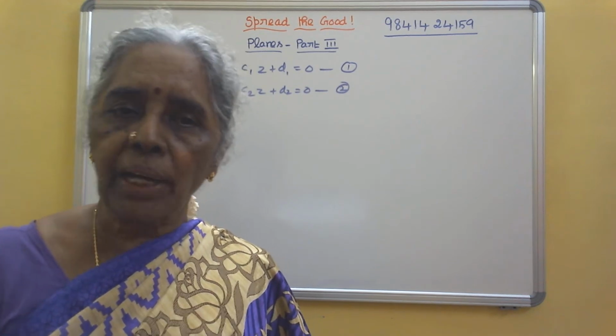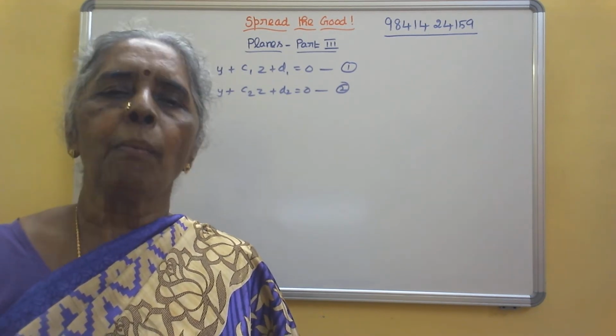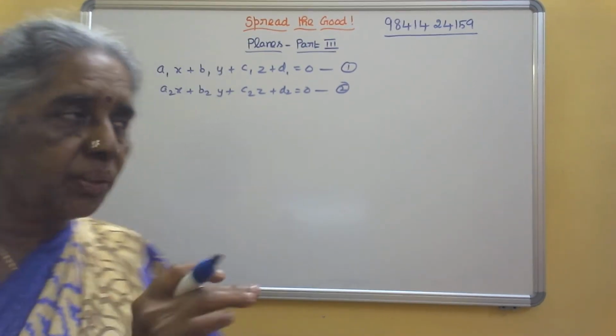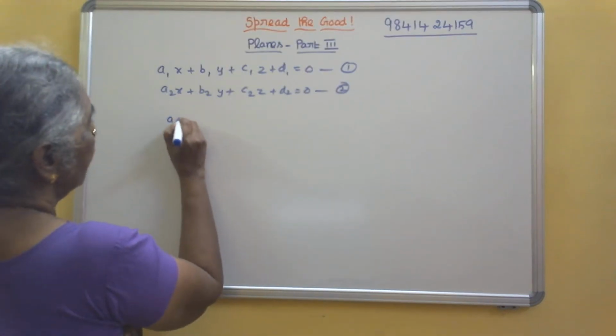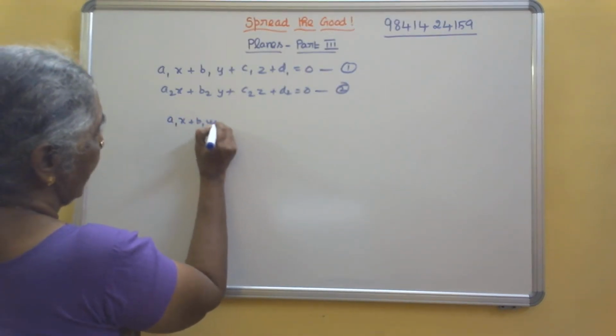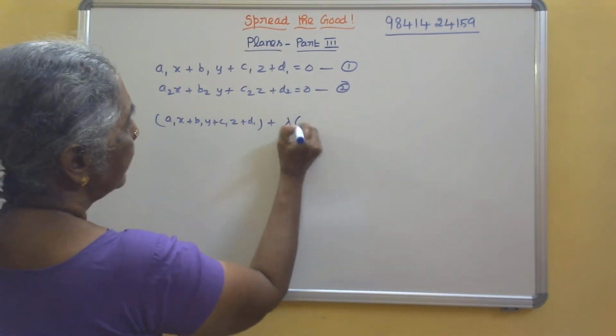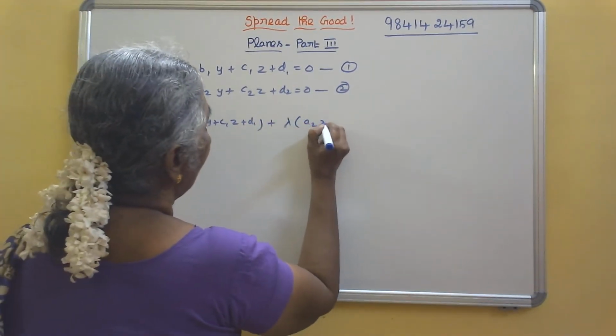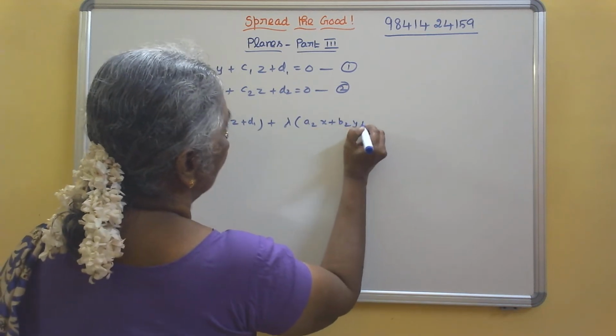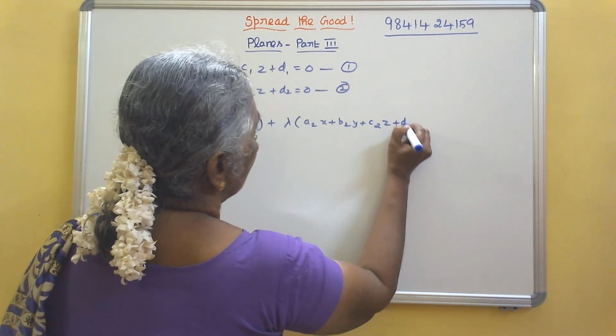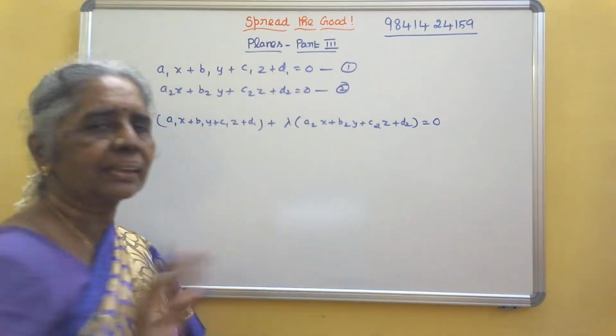I want to find out the equation of a plane passing through that line of intersection. That is given by the first plane equation, plus lambda times the second plane equation is equal to 0. That's all.